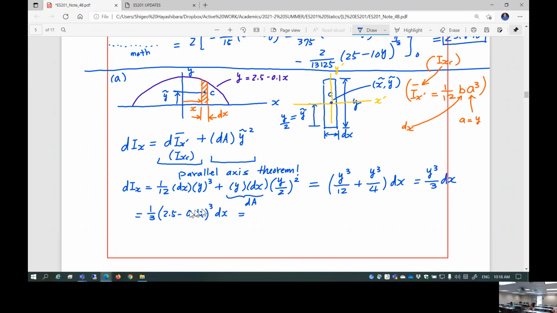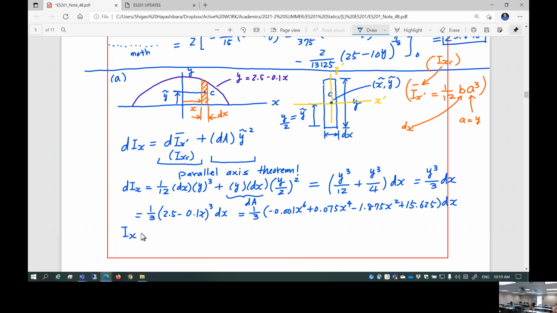If you take the cube of this function, this is going to be 1/3 of minus 0.001 x to the 6th power plus 0.075 x to the 4th power minus 1.875 x squared plus 15.625 dx. So what is Ix?